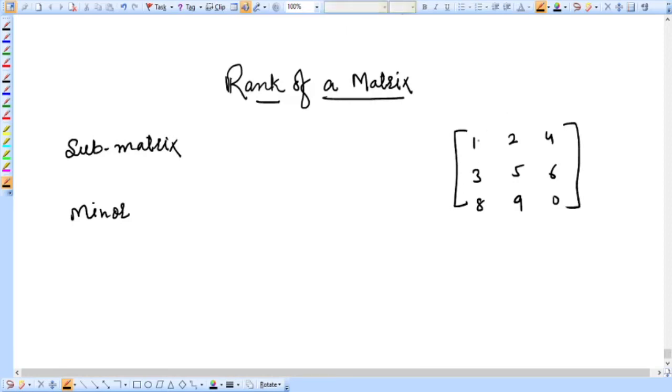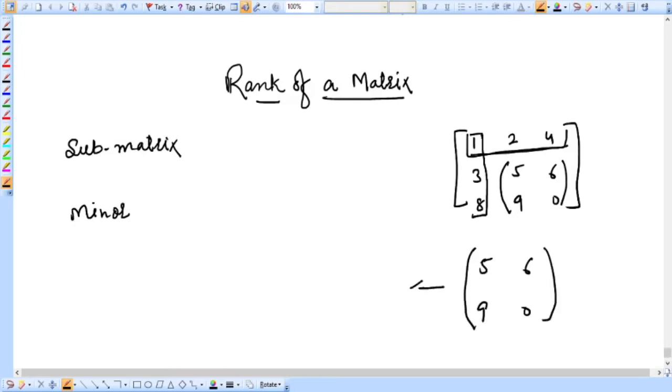If I delete some rows or some columns or both, for example, if I remove this row and this column, we would be having this matrix, 5, 6, 9, 0. This matrix is known as submatrix of the given matrix, right?